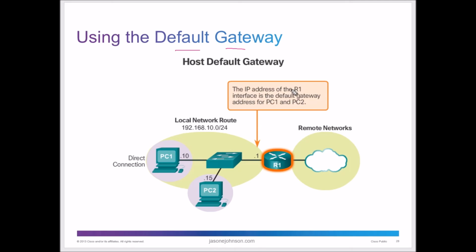So the IP address of the R1 interface is the default gateway, and this is a connection here. These two can see each other on the local area network, so they can communicate through the switch. But if we need information and we're going out to, let's say, a web server, we would go through the default gateway. Usually it's going to be a .1 on the network, but that's not always true.